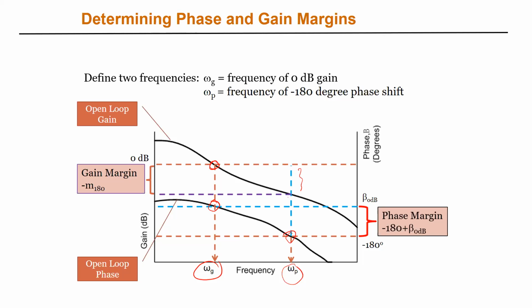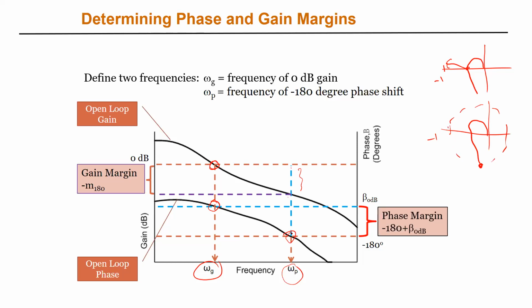This is, again, related to the Nyquist. This is the -1, and I'm taking this point. How much can I go in here? This corresponds to how much I will go between this point and this point. While for the phase margin, again, this is -1.